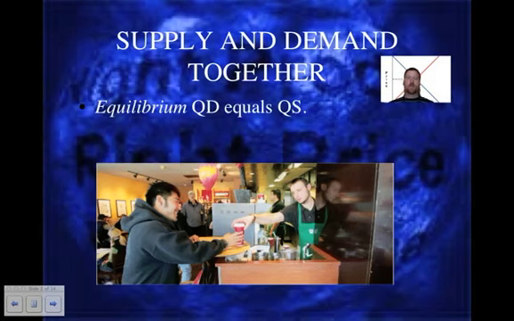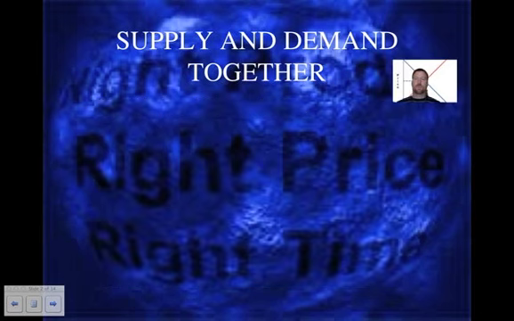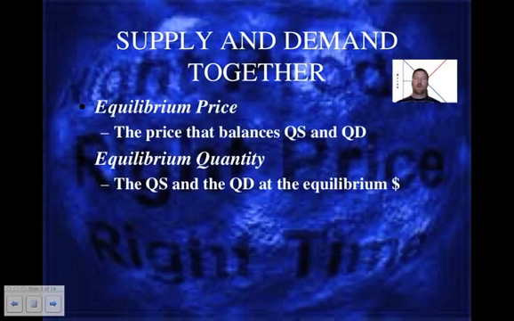Very simply put, the equilibrium is where quantity demanded and quantity supplied intersect. Equilibrium is where supply and demand meet.